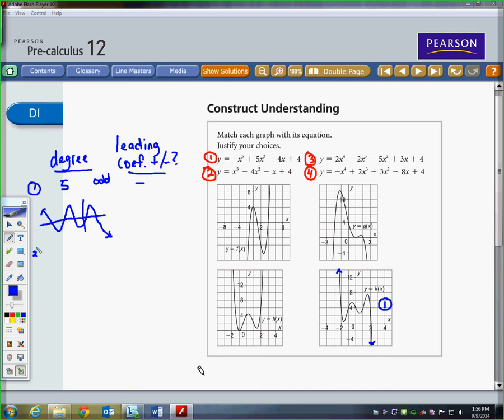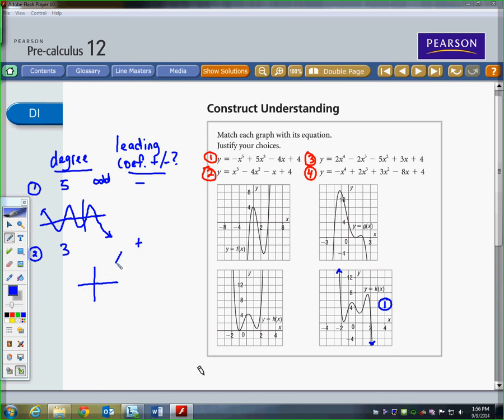Number 2, we're going to take a look here. So this is of degree 3. So if we recall, that's cubic. And the leading coefficient is positive. So if the leading coefficient is positive, that means as x gets increasingly large, y is going to get increasingly large. So it's going to start from that way.